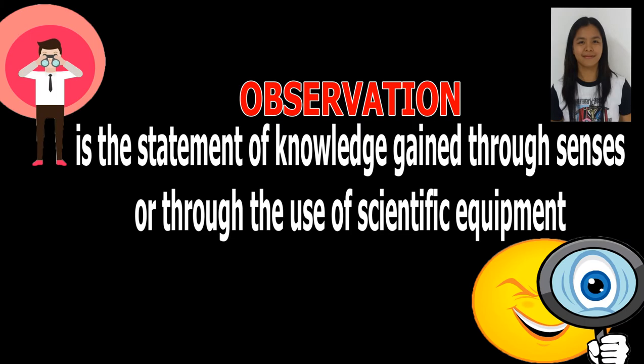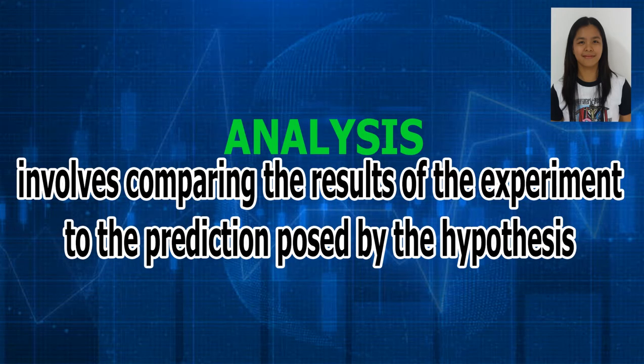The fourth step is the observation. It is a statement of knowledge gained through the senses or through the use of scientific equipment. Observations are crucial for collecting data. Once the results are in, the scientist begins his analysis. The data analysis involves comparing the results of the experiment to the prediction posed by the hypothesis.